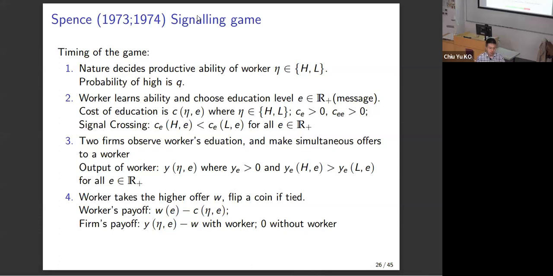It simply means that education is the way that we suffer. Who can suffer more? It's a signal. The longer we suffer, the better. But anyway, let's look at this game.